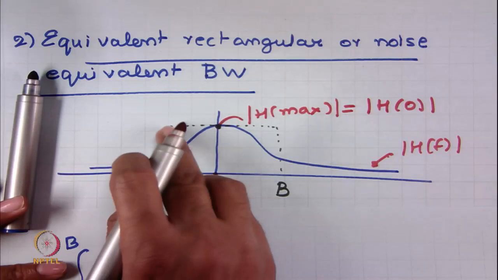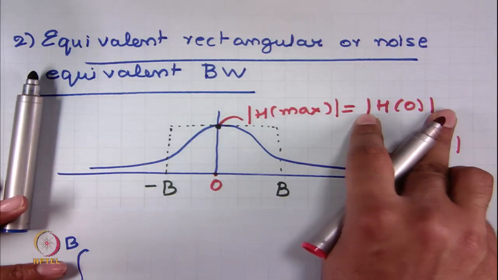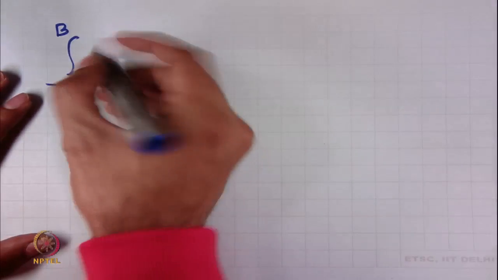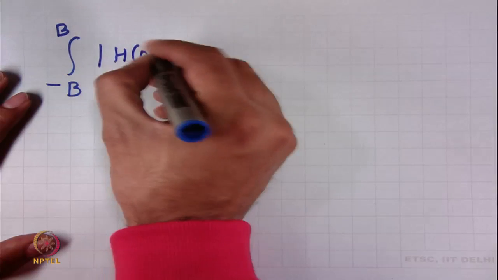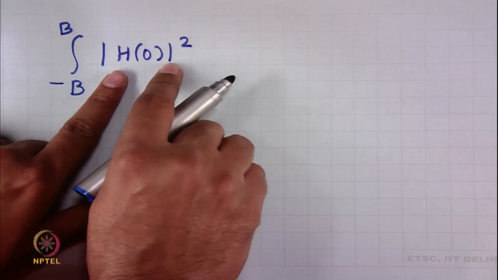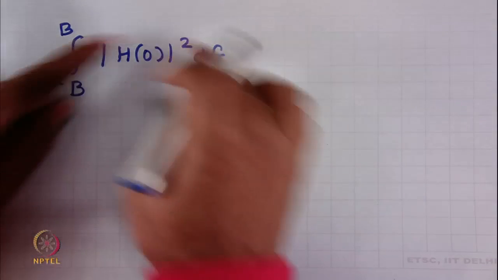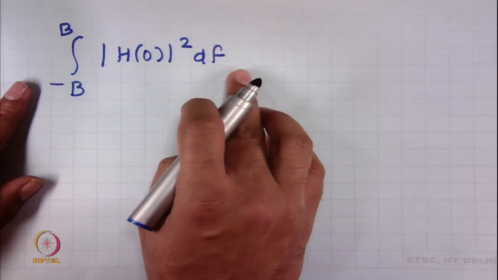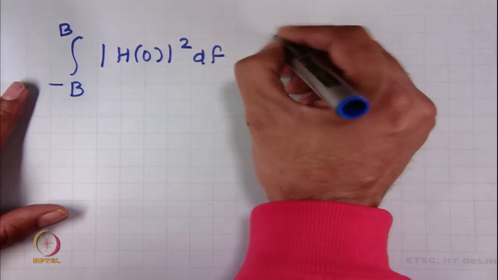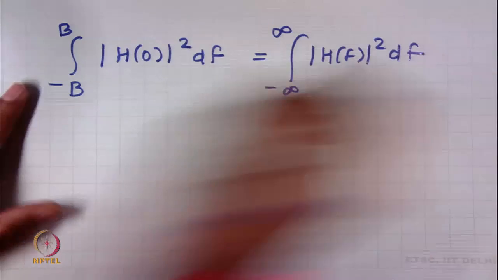So, the magnitude of this is nothing but mod of H of 0, and the energy thus would be the square of the mod of H of 0 times df. This is the energy that would be contained in the rectangular cap, and the total energy that would be contained in HF can be evaluated using this expression.